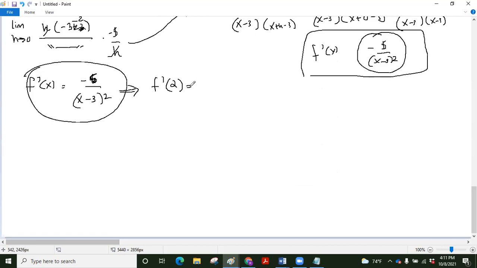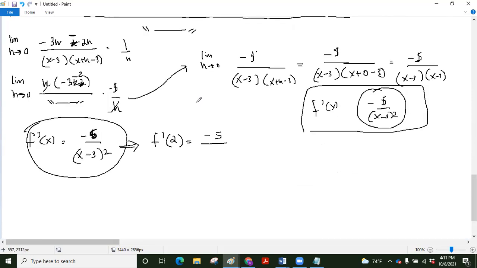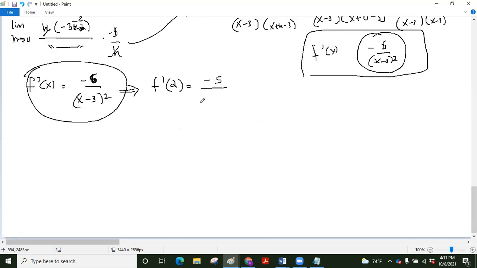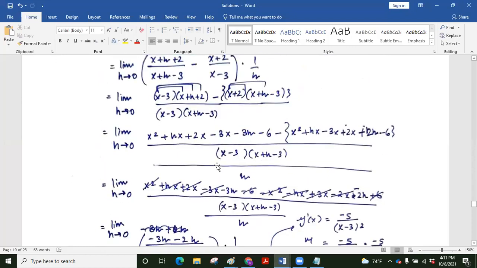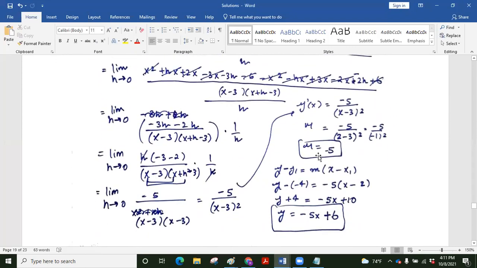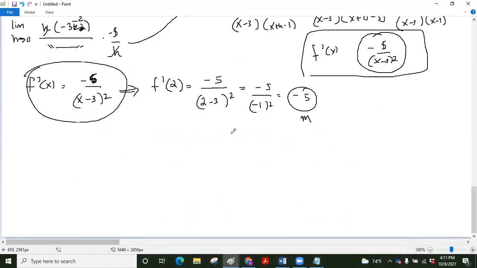So f prime of 2 is equal to negative 5 over 2 minus 3 squared, which is negative 5 over negative 1 squared, which is just negative 5. So this is our m value, and let's go ahead and check in the solutions if that's what we got. So this is our m value, negative 5.